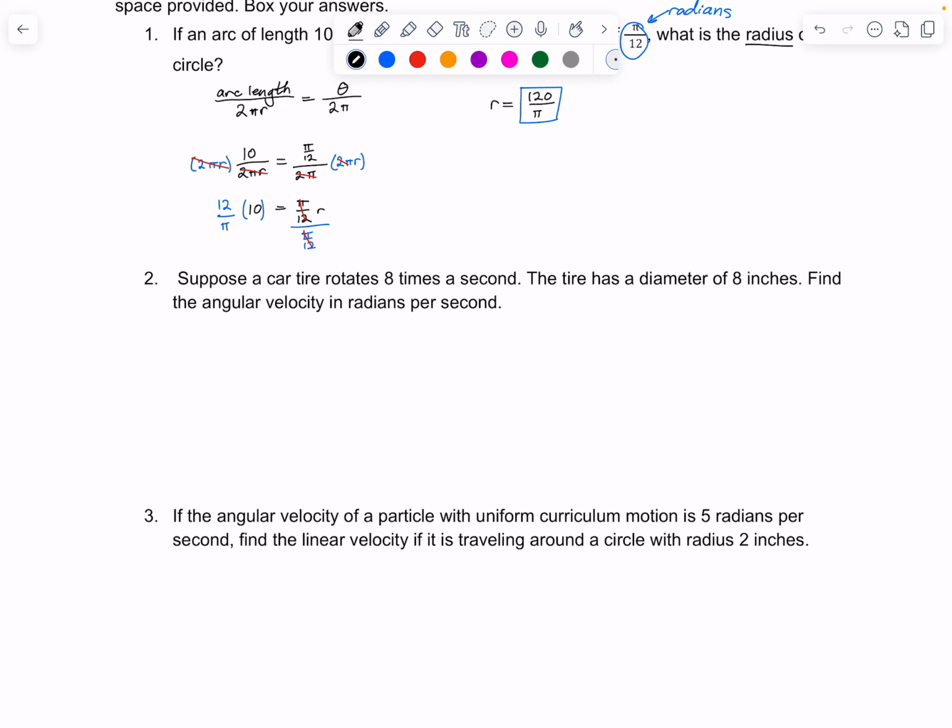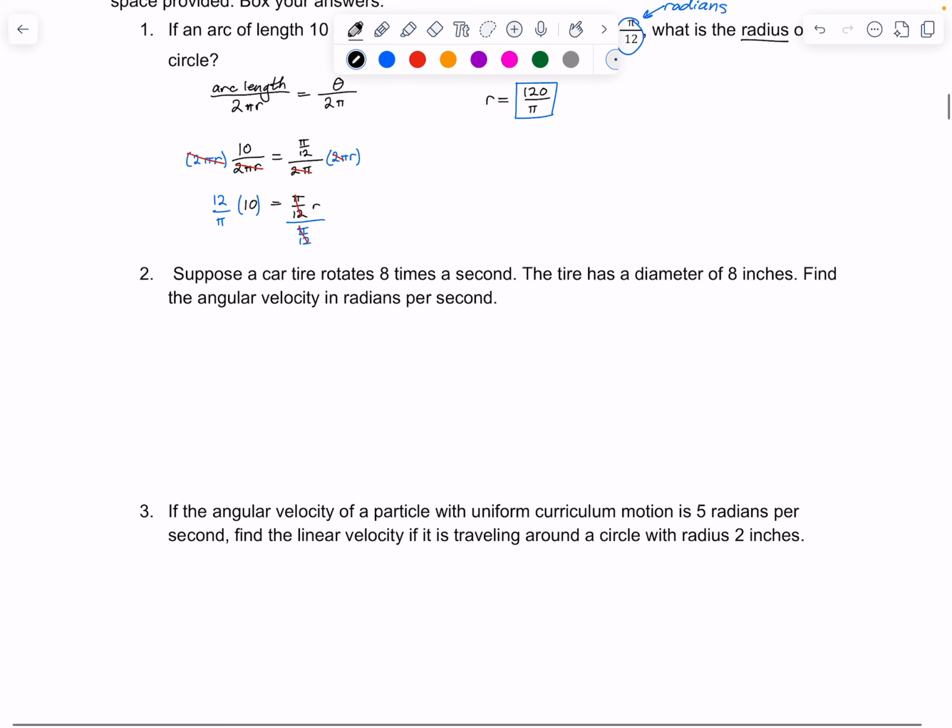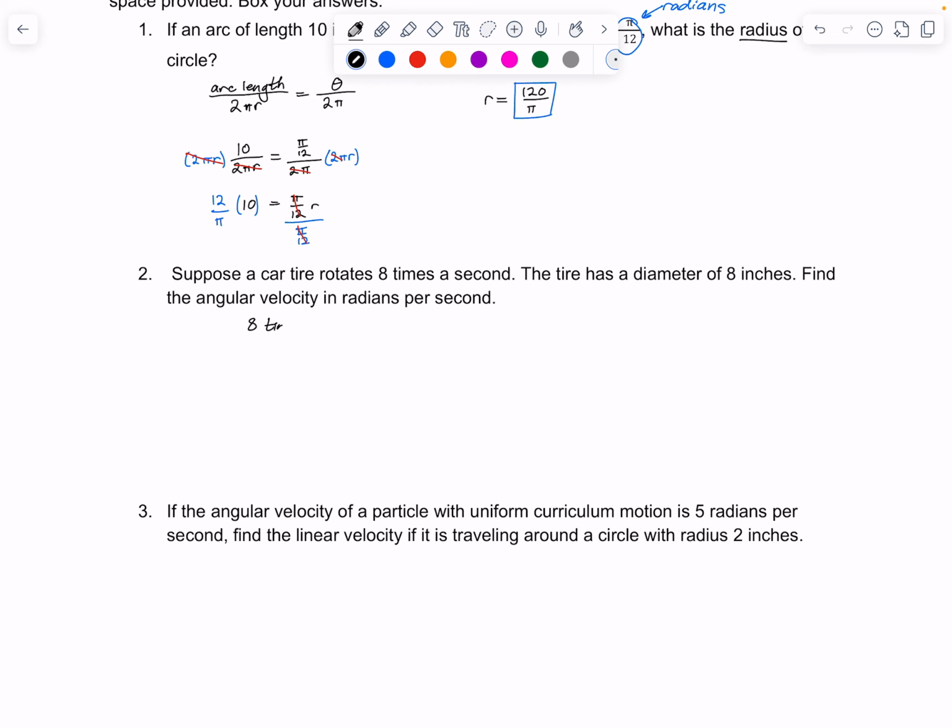For the next one, we are given the rotational velocity, aka the number of times it rotates around a circle. So it rotates 8 times per second. We want to translate that into angular velocity.